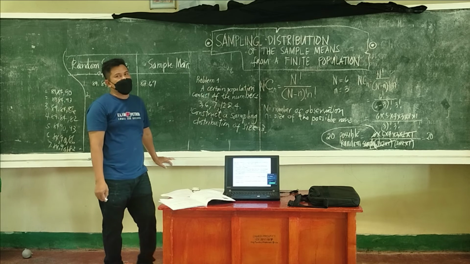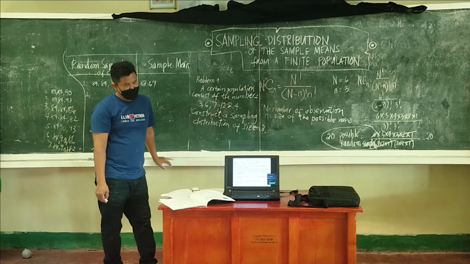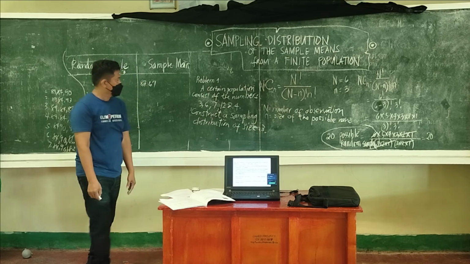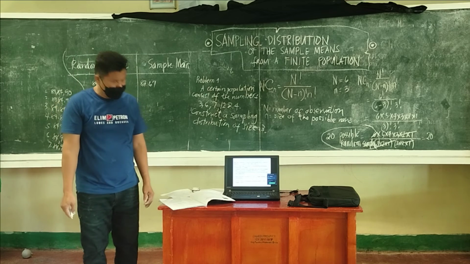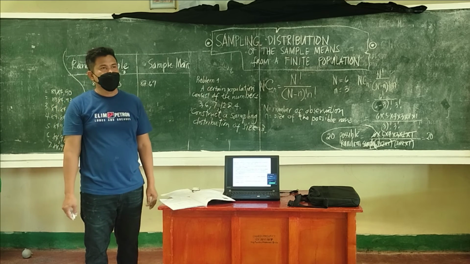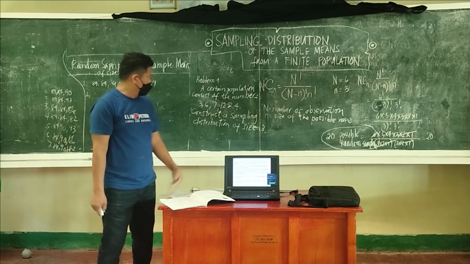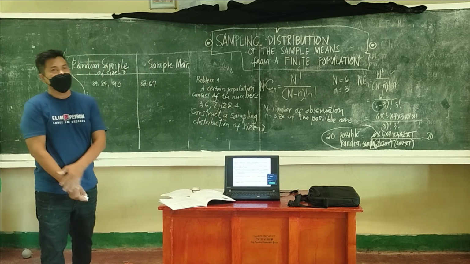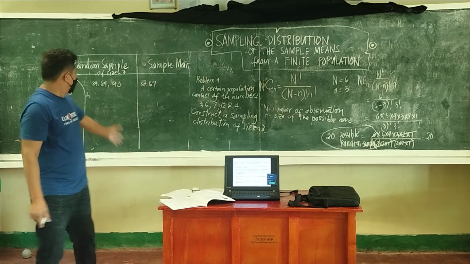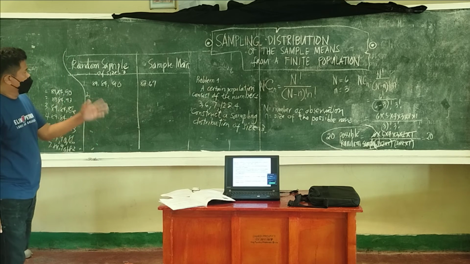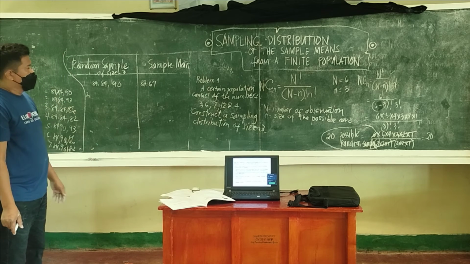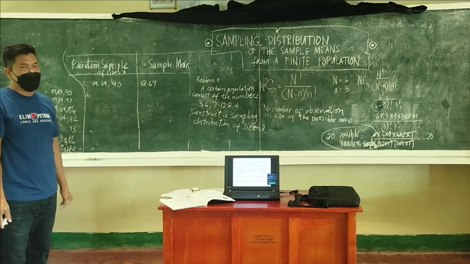So you may now start solving. I will give you 5 minutes to answer the given problem. Do you have any problem with the one that we discussed, giving the number of possible random samples?